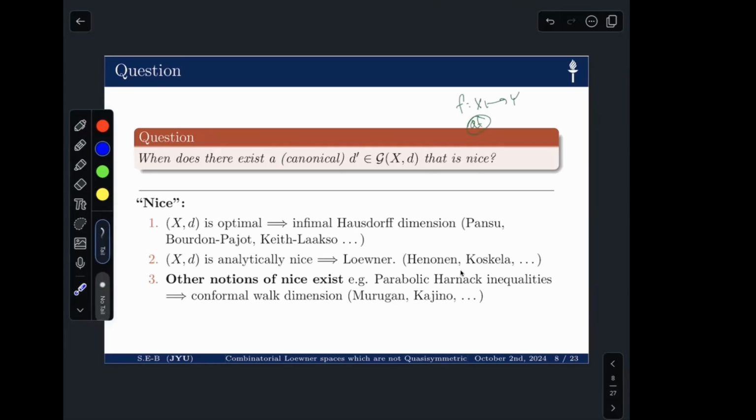The search for a nice metric can be thought of as a search for a metric with nice parabolic Harnack inequalities, which leads to a notion of a conformal walk dimension. But that's an entirely different thing. In some cases all three of these coincide, but I will focus on the first two, 1 and 2.